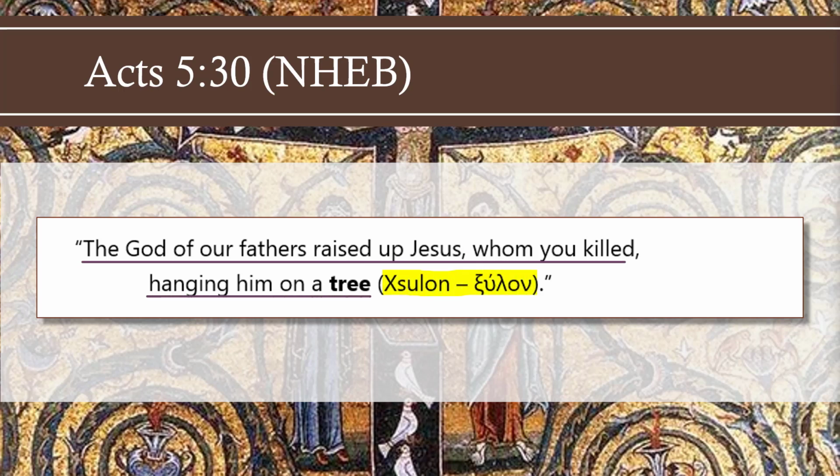Now, some Bible translations, for instance, the NIV, the New International Version, they say cross. But that's interpretation. They're trying to help the reader out. But most translations say tree, and I think that's more correct in this case.